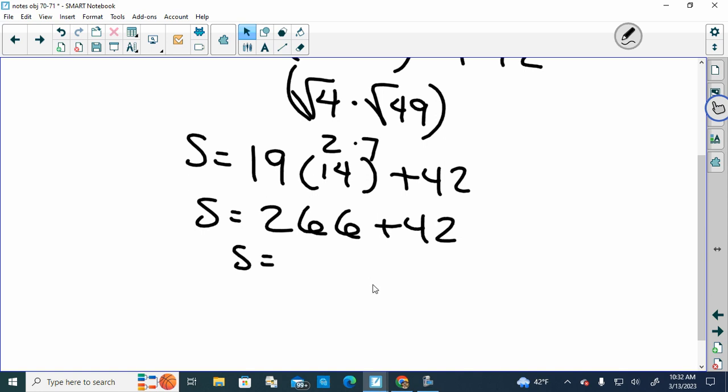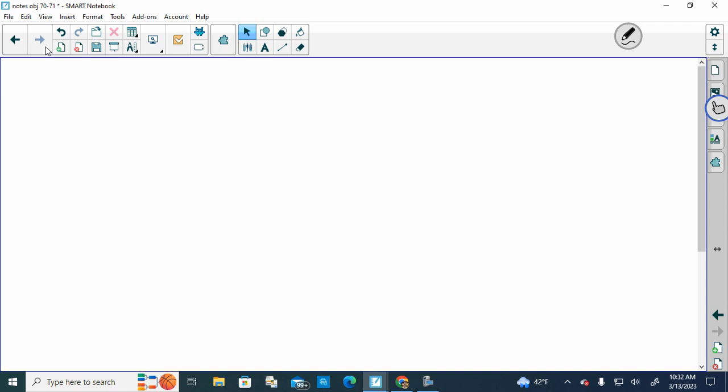Yeah, 308. Okay, so anytime you see the exponent in a fraction format, that's just telling you what type of radical you're going to take it to. Square root, cube root, fourth root. I'll have quite a few of those on there. Okay, I don't know if that was the last one. That was the last one.